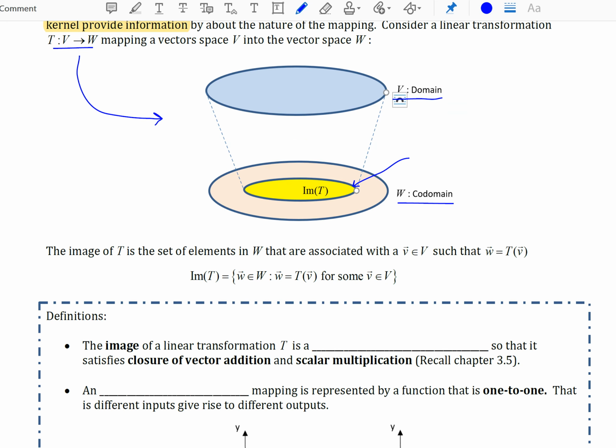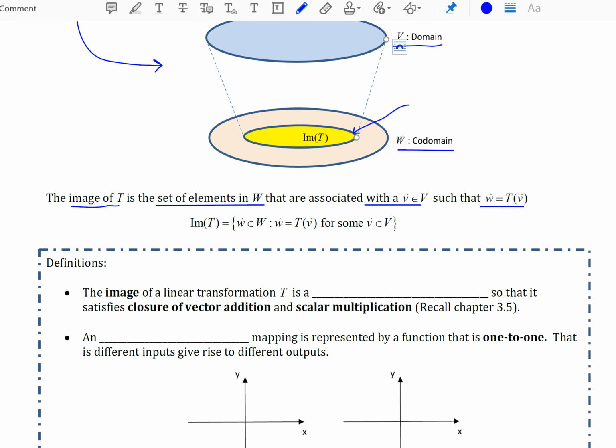Recall, the image of T is the set of elements in W that are associated with a v in V, such that w is equal to T of v. Let's look at some definitions to help us get started.